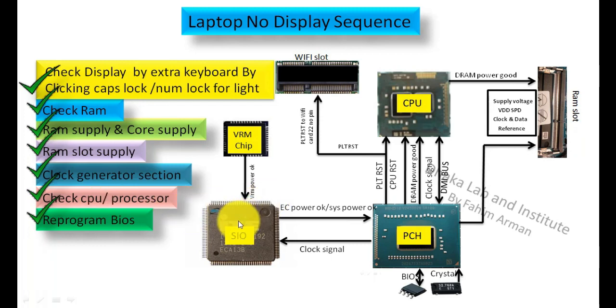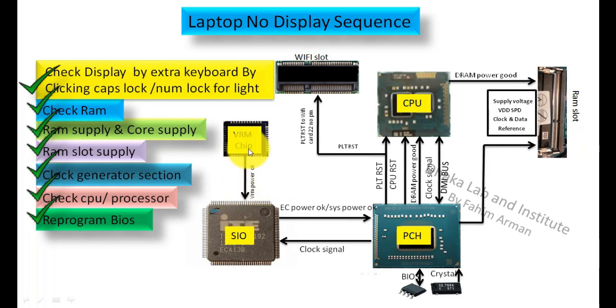So first of all, you have to check it in the schematic diagram. You have to open a schematic diagram, then go first to the BRM chip, and you have to get the BRM signal.